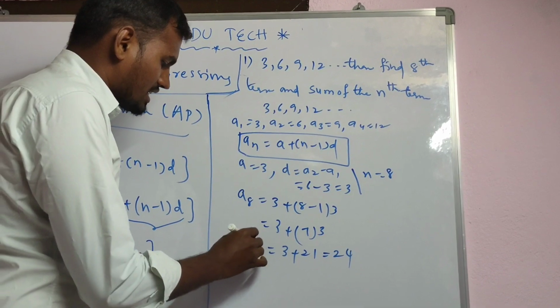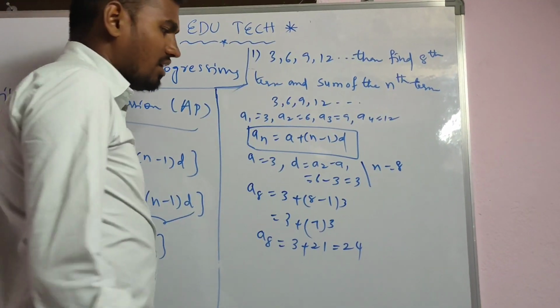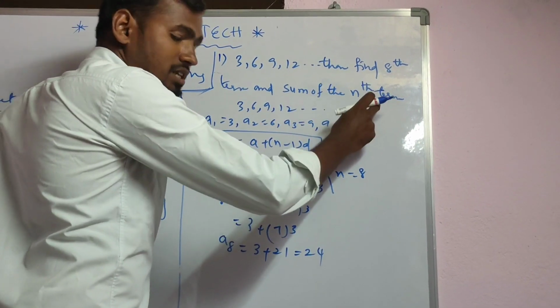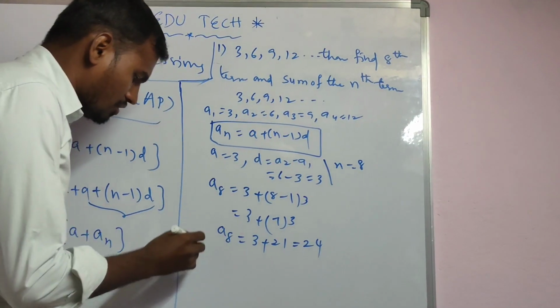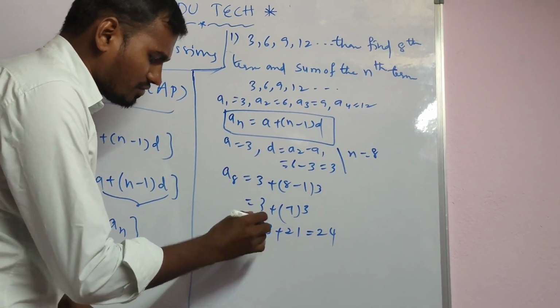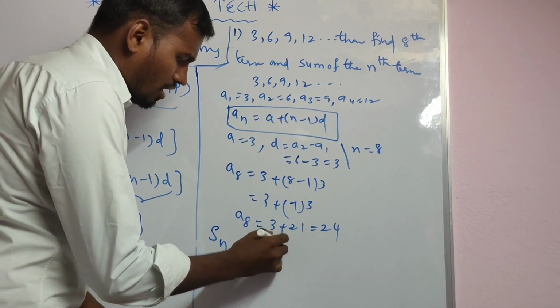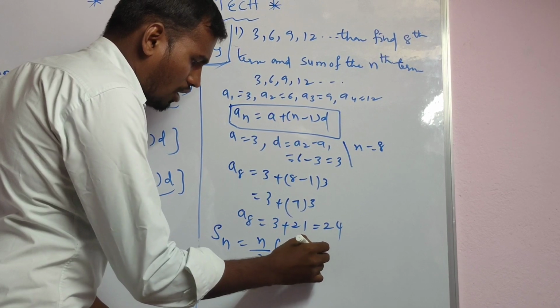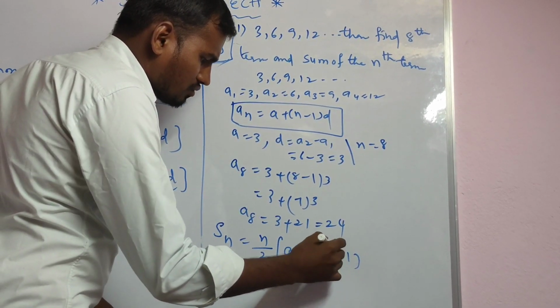This is a8. Now we have to find the sum of the nth terms. For the sum of the nth term, you know the formula Sn is equal to n by 2 of (a plus (n minus 1) into d).